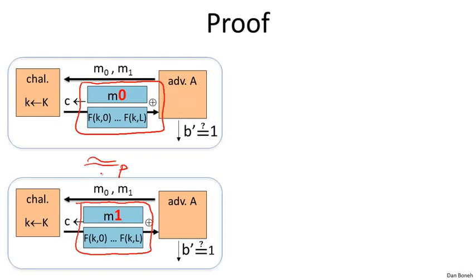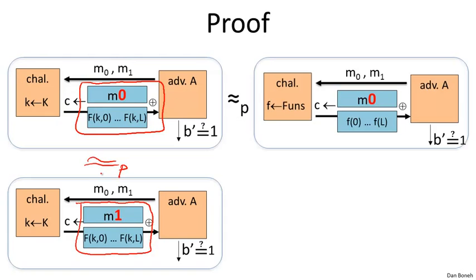So the way we do that is we say, well, for the top distribution, if instead of a PRF we use a truly random function, namely here f is a truly random function, then because of the property of the PRF, the adversary cannot distinguish these two experiments. A PRF is indistinguishable from a truly random function. Therefore, when we replace the PRF on the left with a truly random function on the right, the adversary is going to behave the same. Basically, he can't distinguish these two distributions.